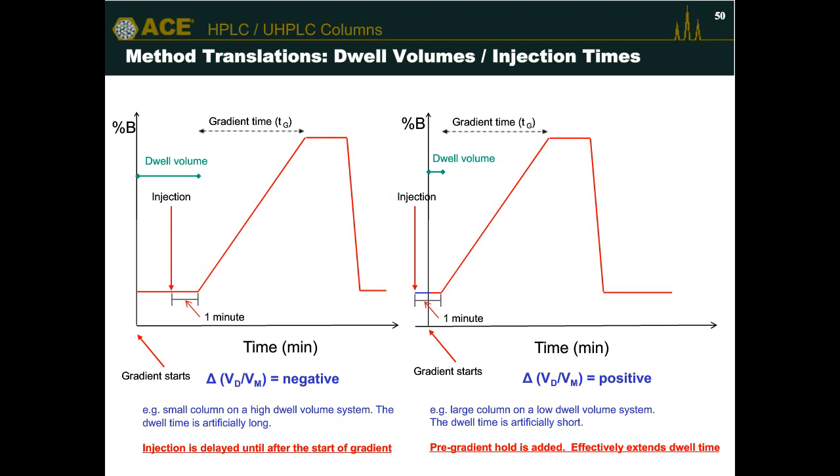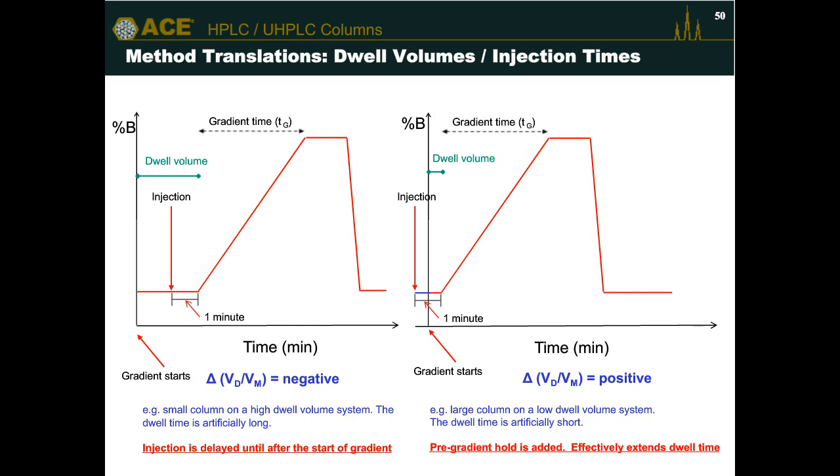What you want the analytes to see is the same isocratic, so ideally the same dwell volume at the start, followed by the gradient profile. Now, if your second instrument has a bigger dwell volume, ideally you want to delay your injection.